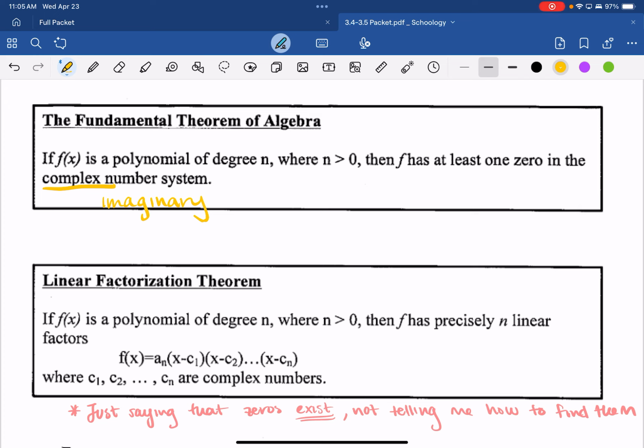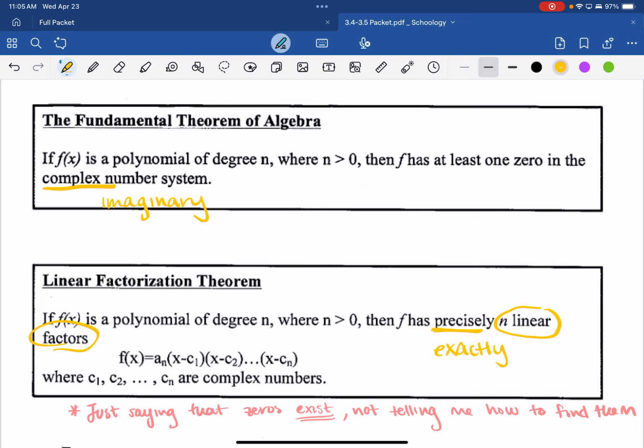All right, linear factorization theorem. If f of x is a polynomial of degree n, where n is greater than 0, then f of x has precisely n linear factors. That word precisely just means exactly. Okay, so in the last chapter, we used our exponents and it told us we had at most a certain number of turning points.